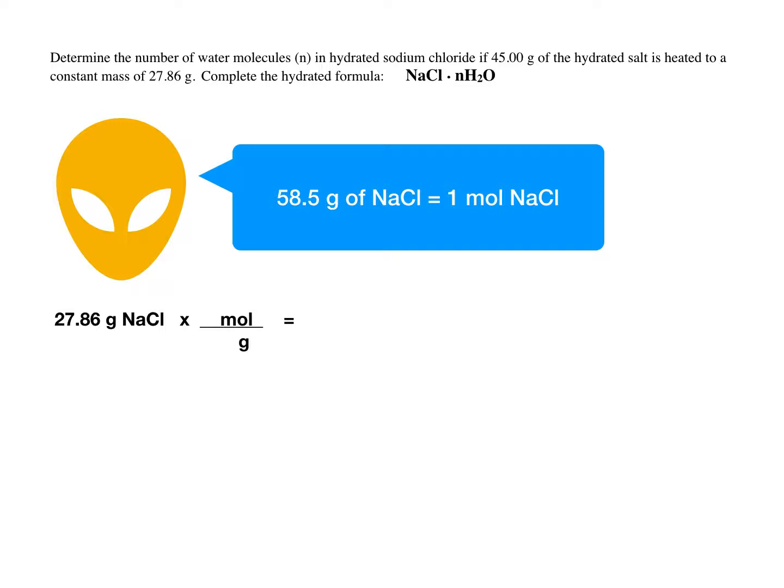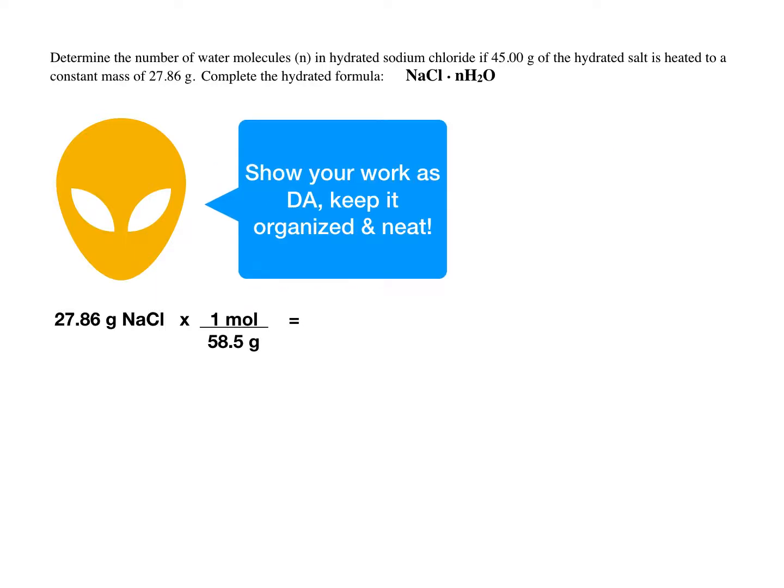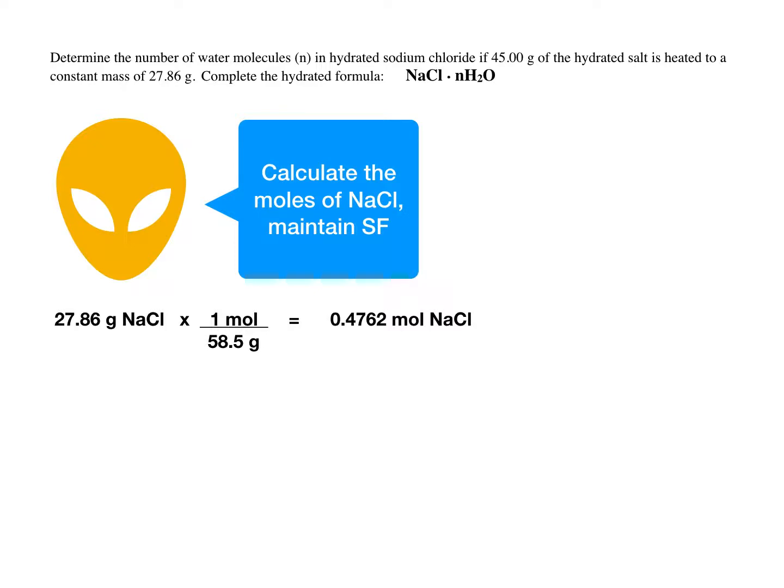So take this relationship and put it into the dimensional analysis. So we see that we have 27.86 grams NaCl times 1 mole divided by 58.5. Mathematically, since we have the unit gram in the numerator and the unit gram in the denominator, they reduce to 1, so we're left with only the unit of moles.